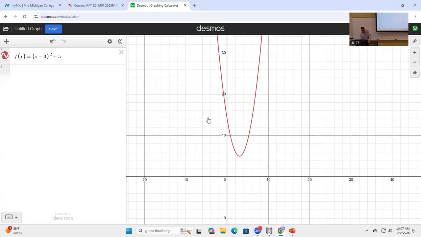So here's the graph overall. It clearly does not pass the horizontal line test, so it's not one-to-one over the real numbers. But if I restrict the domain to just numbers bigger than or equal to 3, then it does pass the horizontal line test.